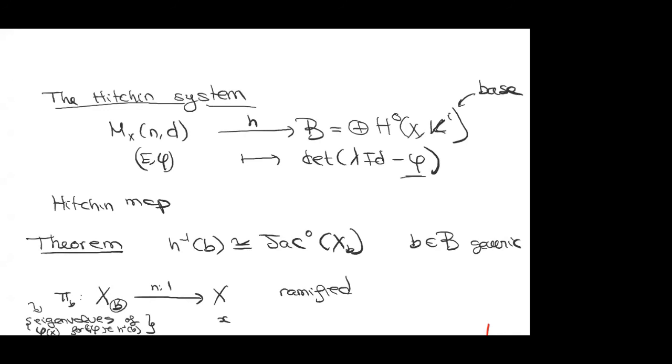What this translates into for higher rank is that the Higgs field cannot be semi-simple at every point, and it will have some nilpotent part somewhere, and therefore there will be multiple zero eigenvalues.